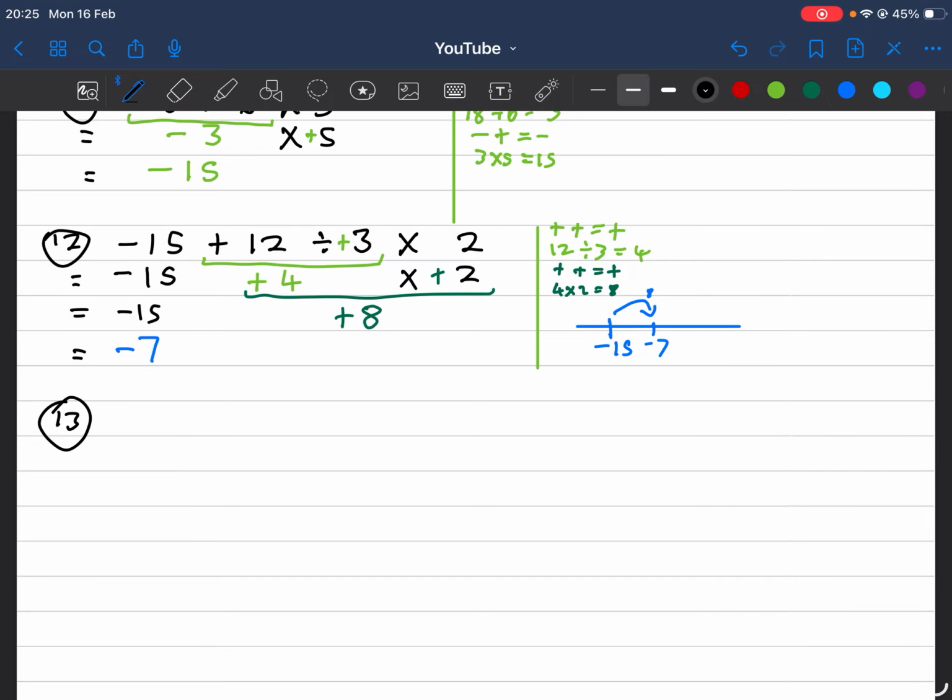Pause the video and try this one here: 50 minus 8 times 4 plus 6 equals. As usual, no difference, same story.